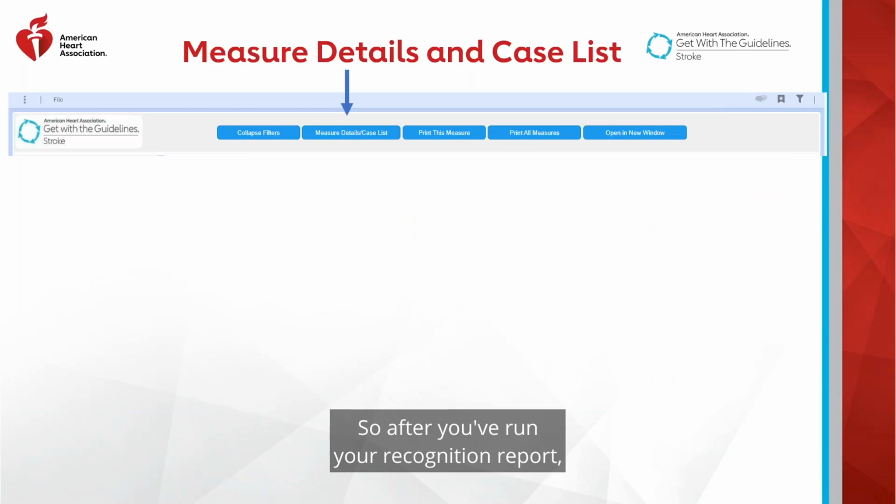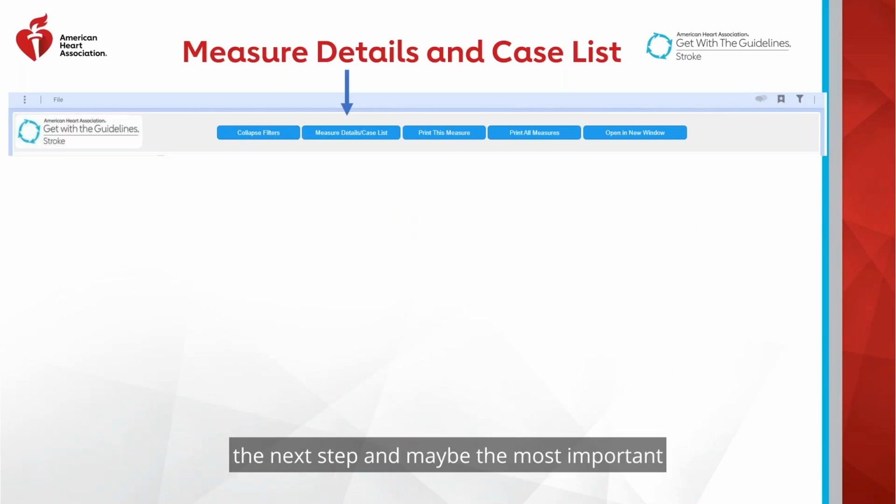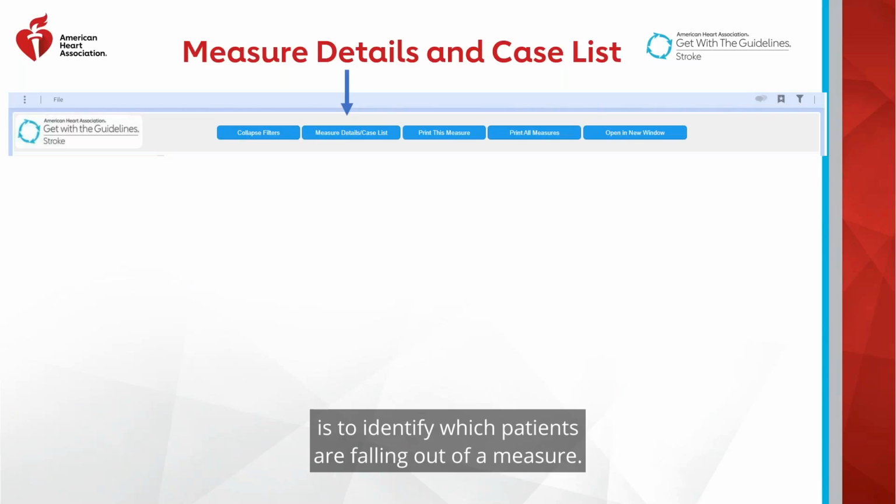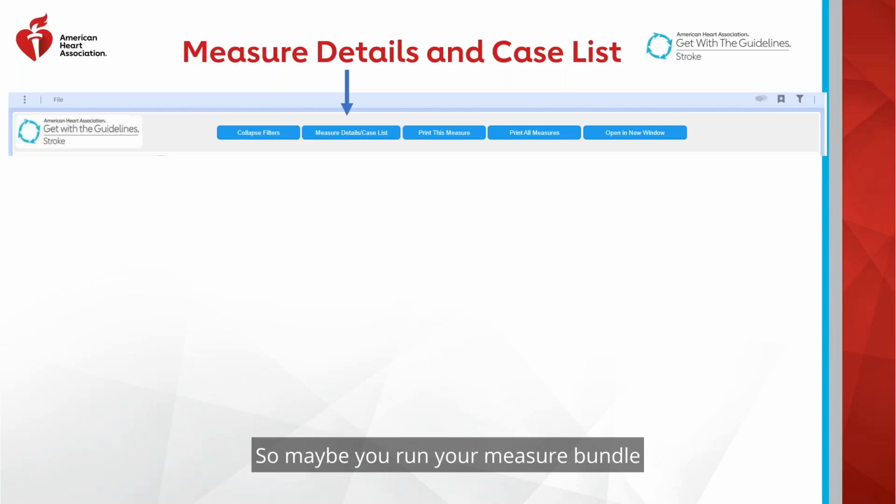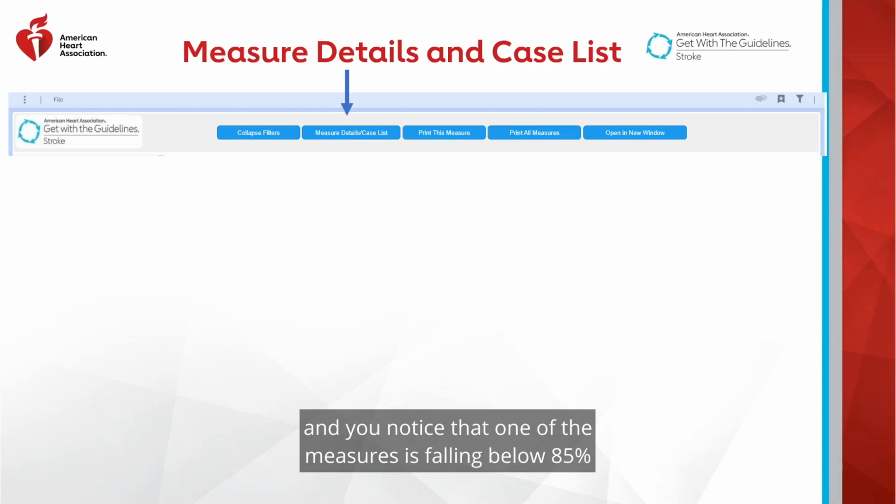So after you've run your recognition report, the next step and maybe the most important is to identify which patients are falling out of a measure. So maybe you run your measure bundle for your achievement measures and you notice that one of the measures is falling below 85%, or maybe it's sitting right at that 85% threshold.